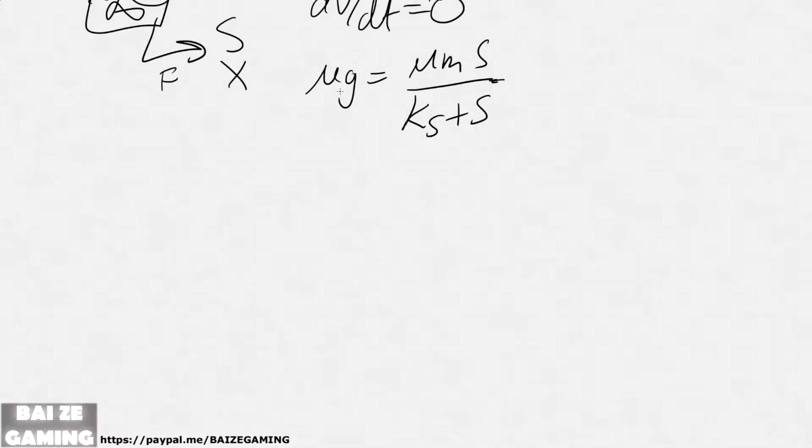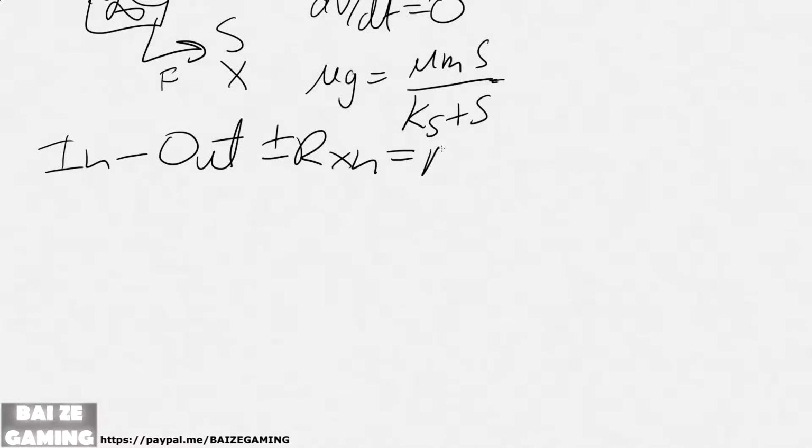And what we can actually do is write mass balances for everything. So we have the two chemicals S and X. What you can do is in minus out, plus or minus reaction equals accumulation.